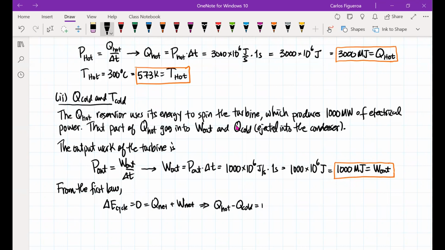And that has to be positive, but we redefined this to read positive work out.